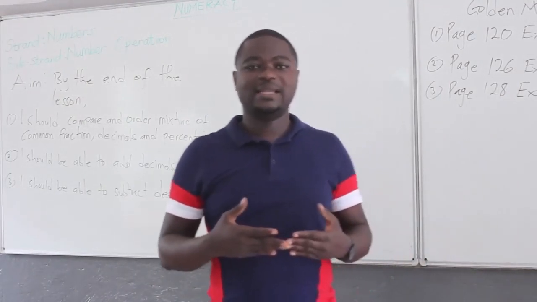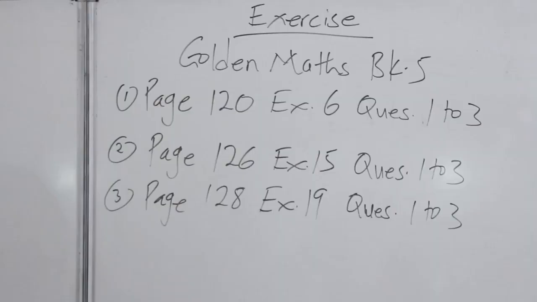Now let's go to the exercises. Take your exercise book and your textbooks and answer these questions. But before that, write your date and your heading neatly underlined. Please, you are answering questions 1 to 9.